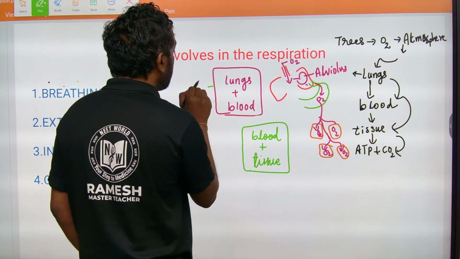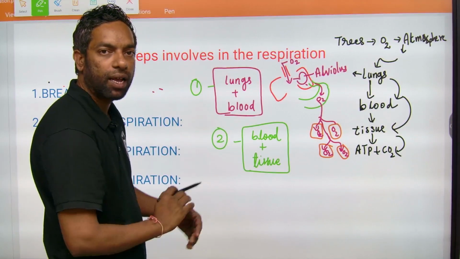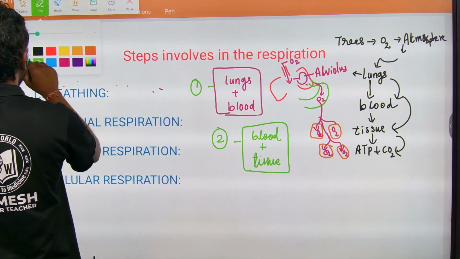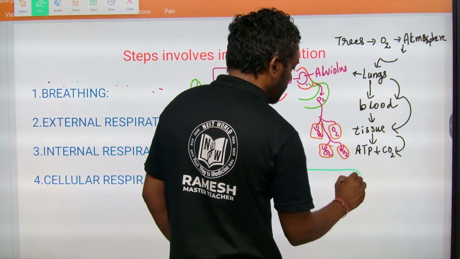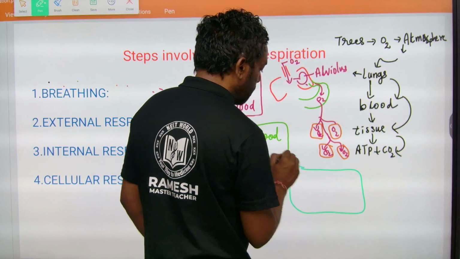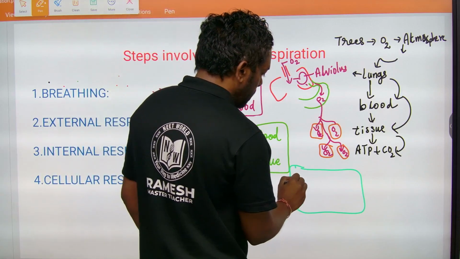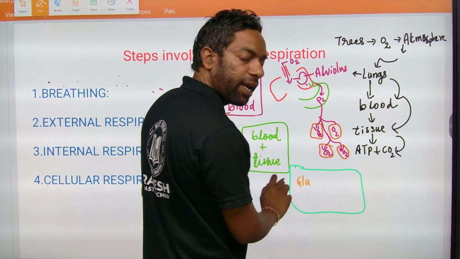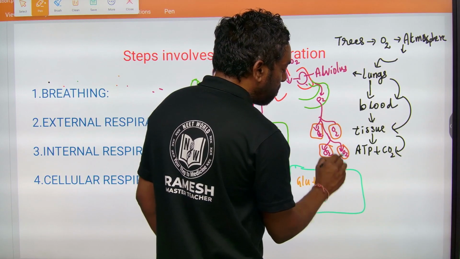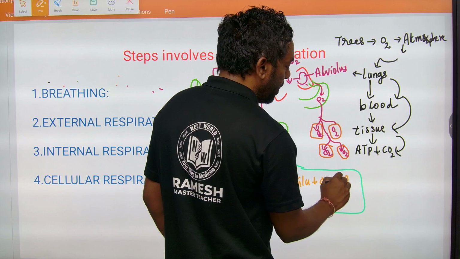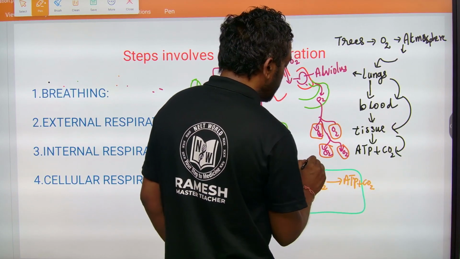This is the first medium, this is the second medium. After reaching the tissue, what happens here? The glucose also reaches the tissue through the blood, and the oxygen breaks down the food particle in the tissue, releasing ATP and CO2. This is step 3.